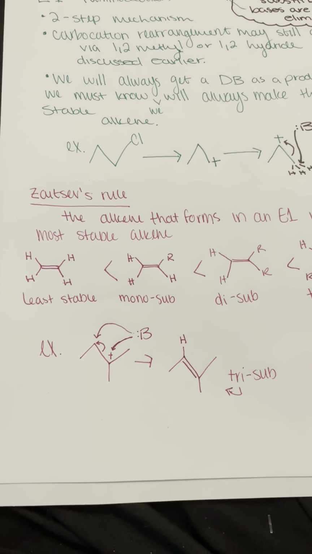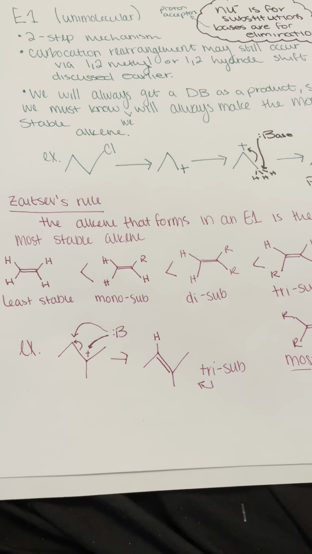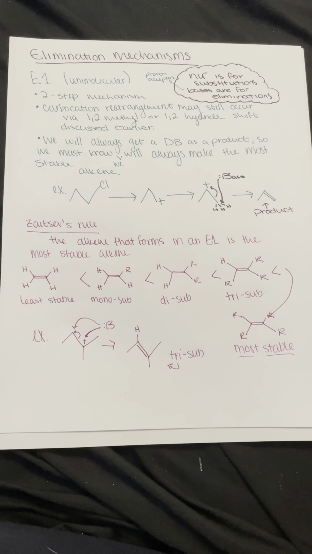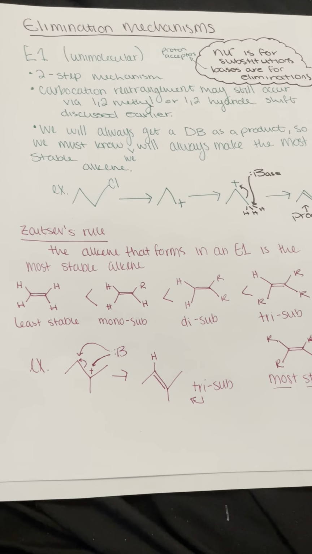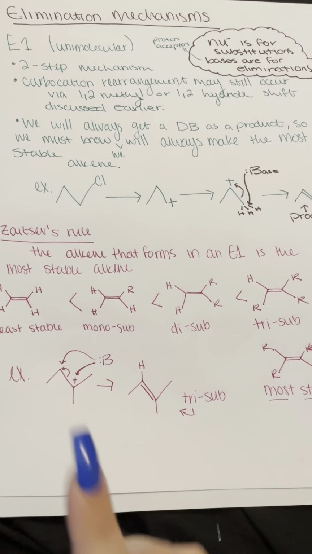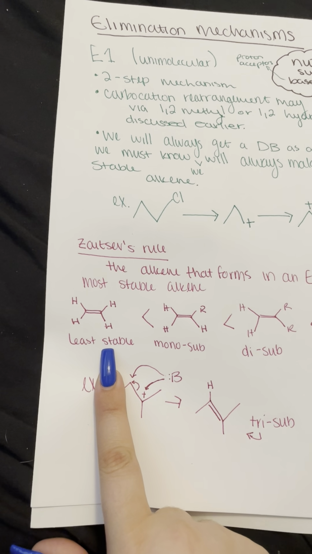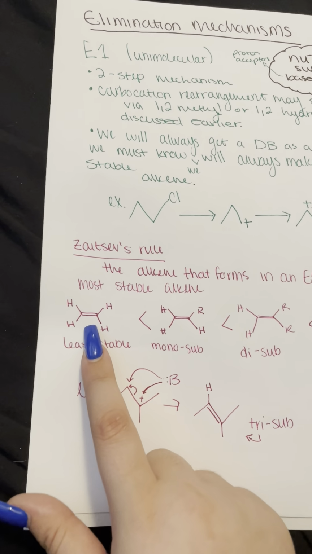Now we're going to be talking about Zaitsev's rule, which states that the alkene that forms in an E1 is the most stable alkene. We have this as the least stable alkene, and as we talked about earlier, the alkene is this formation right here.